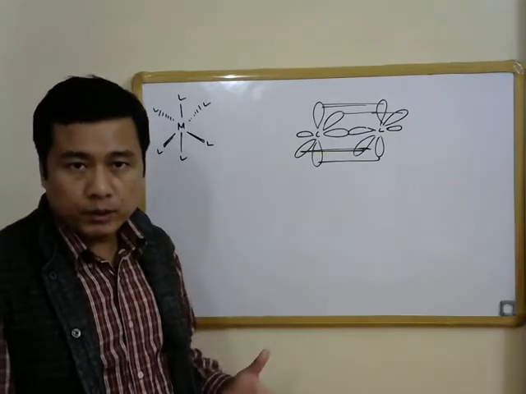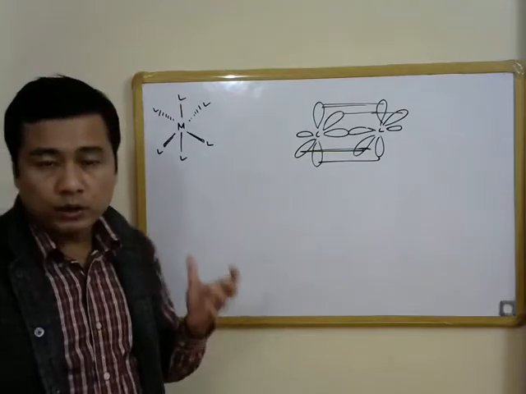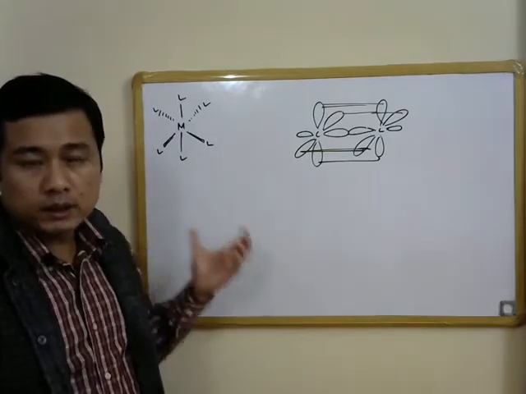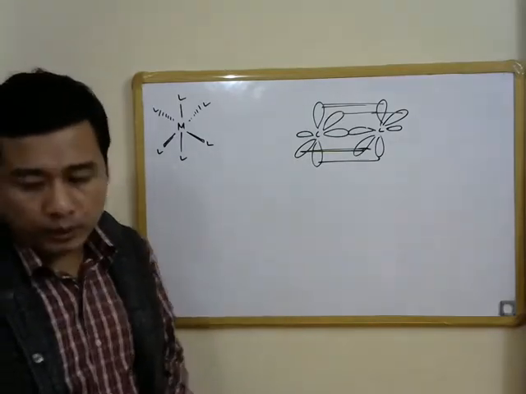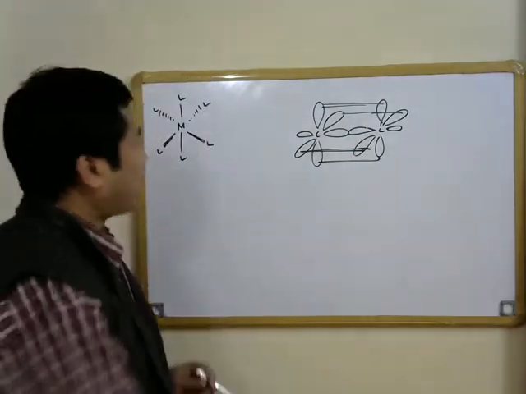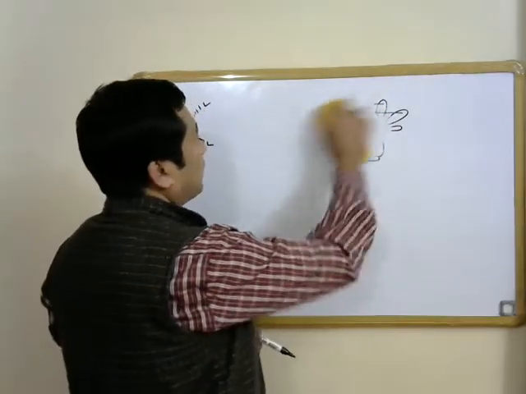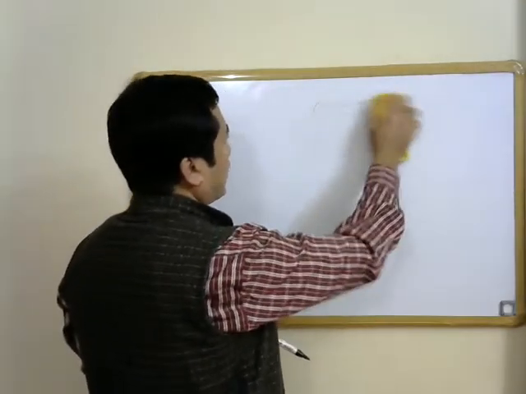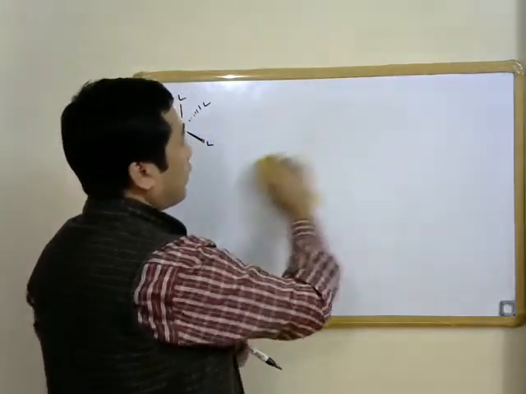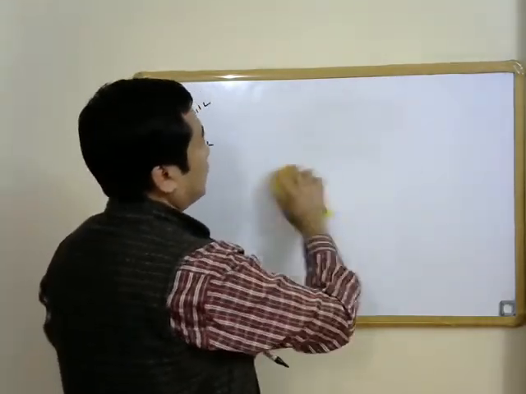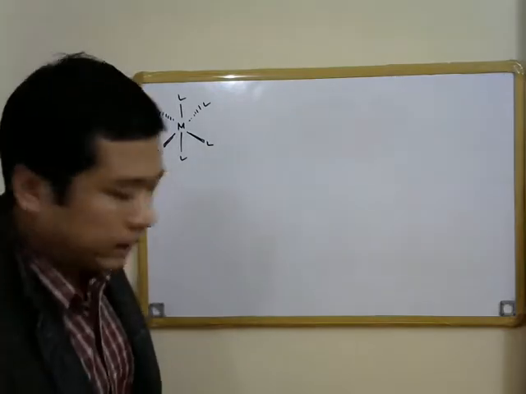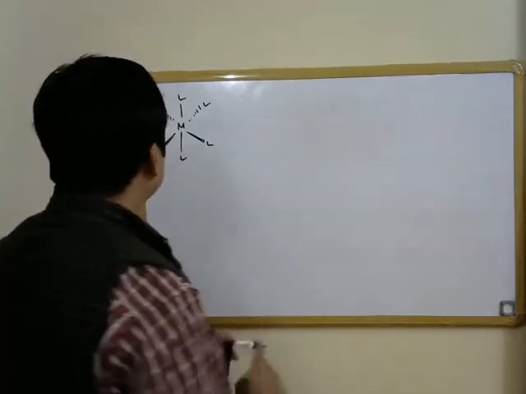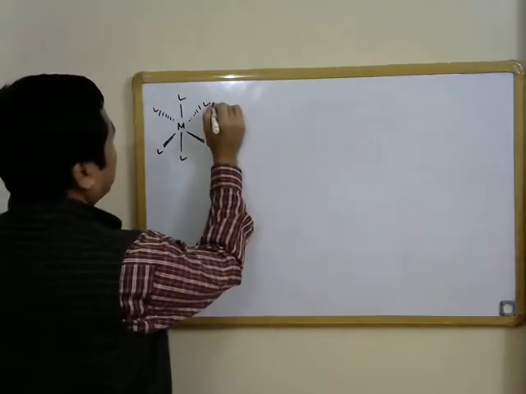So based on this principle, we have to draw the pi bond vectors in this octahedral complex, assuming that the pi bond vectors are perpendicular to the sigma bond vectors, and at the same time the pi bond vectors are mutually perpendicular to each other. So let's draw the pi bond vectors.